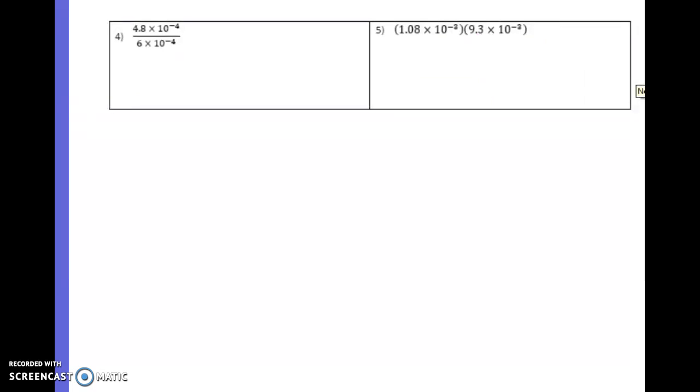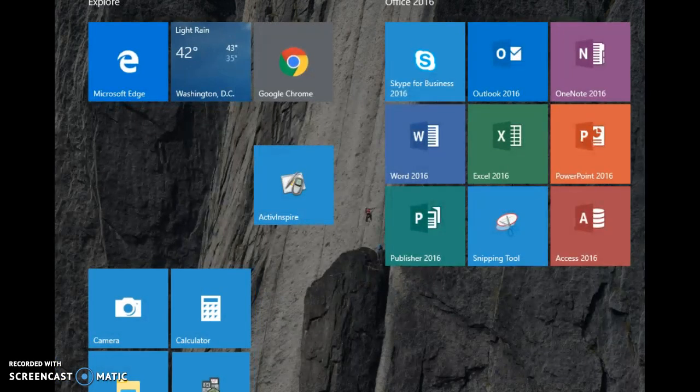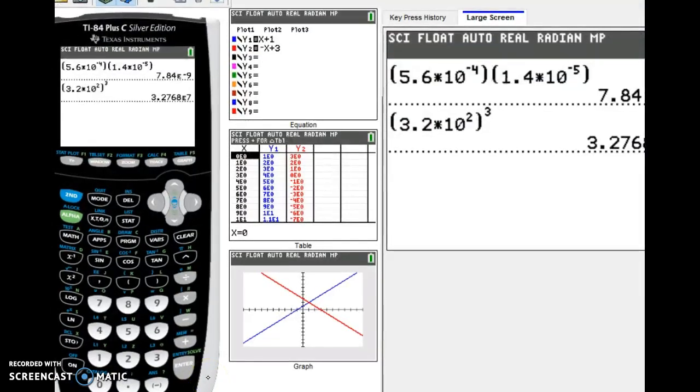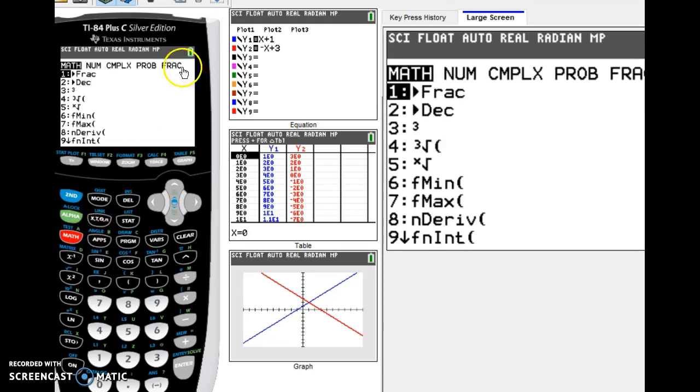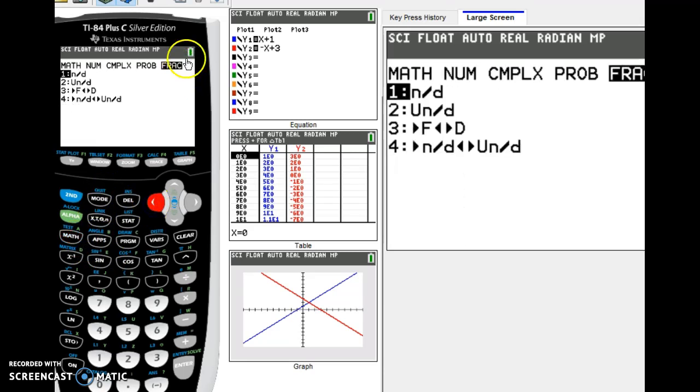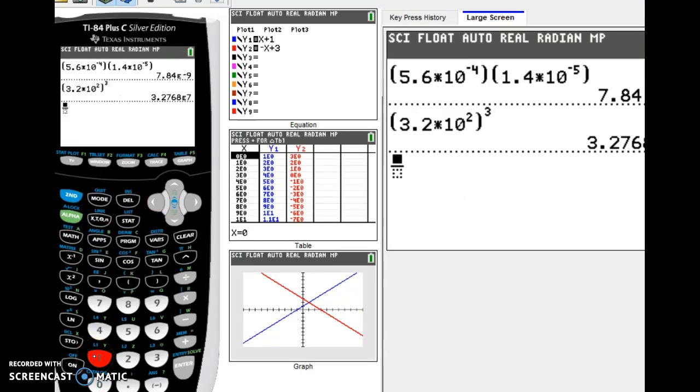Now, I want you to be careful with number 4. Let's show you in the calculator here. If I set that one up, I can actually put it in as a fraction. I could go over to math, and then go up to that fraction menu option right there and enter the whole problem just as a fraction.